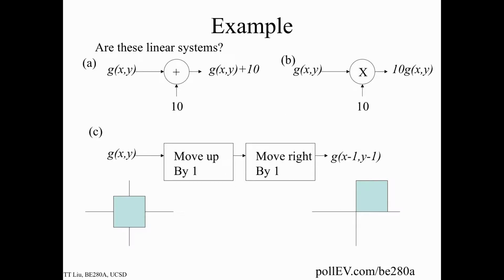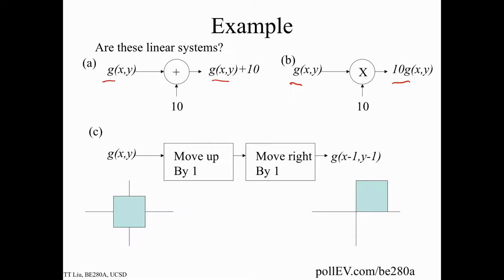So here are some examples to consider, and we want to see if these systems are linear. In the first system, the input is G and the output is G plus 10. Is that linear? In the second system, the input is G and the output is 10 times G. Is that linear?